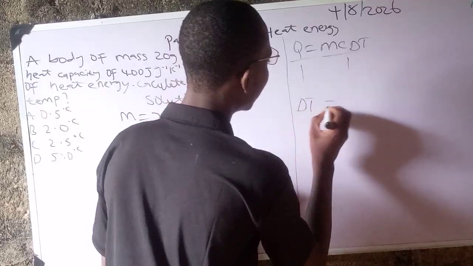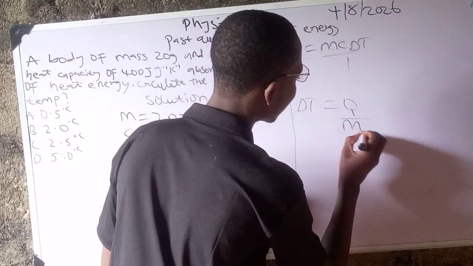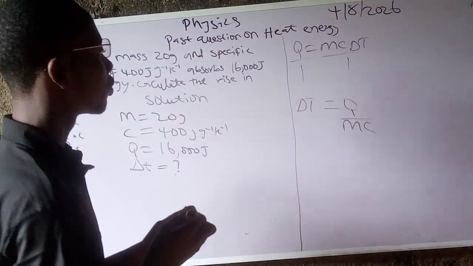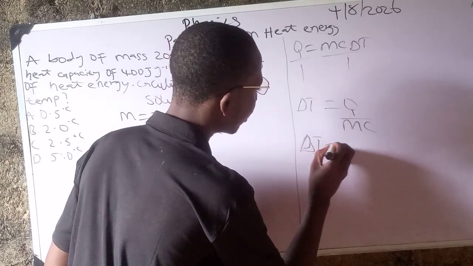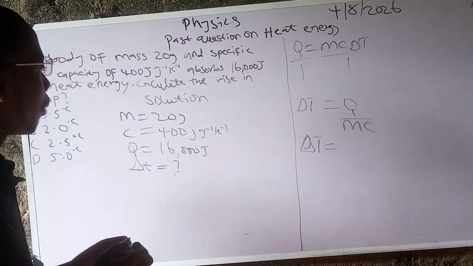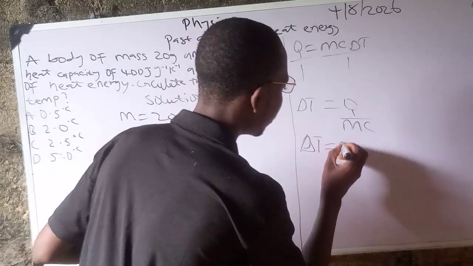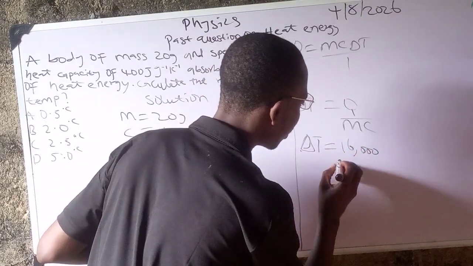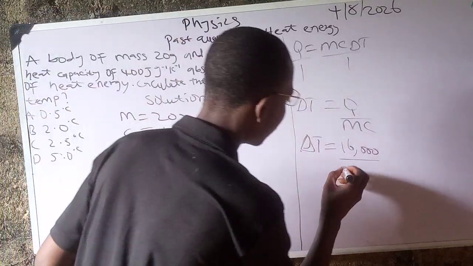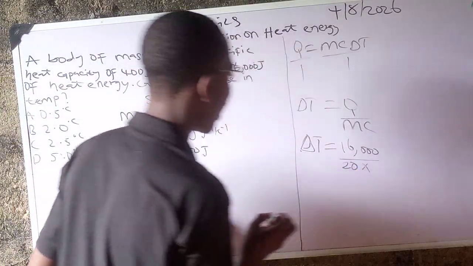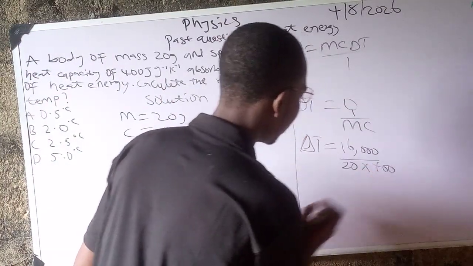Change in T will be equals to Q over M C. Now, change in T equals to my heat energy, which is 16,000, over my M, which is my mass, 20 gram, multiplied by my specific capacity, which is 400.